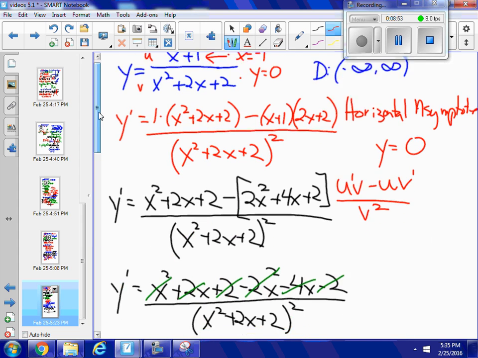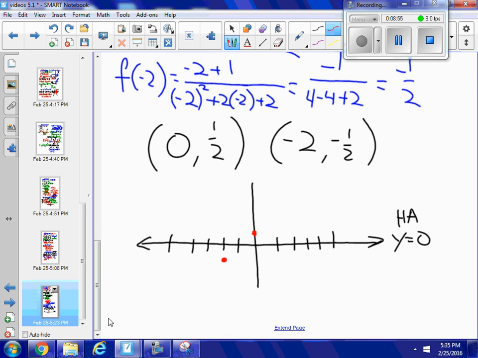Negative 1, 0. So I have another point on this graph right here. There is no other point where the graph can cross the x-axis, except for at that point right there. That is the only point where y is equal to 0.